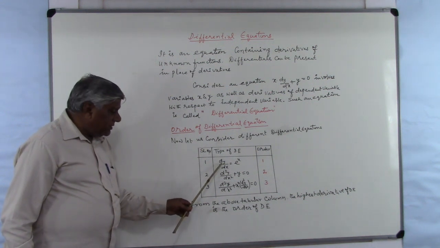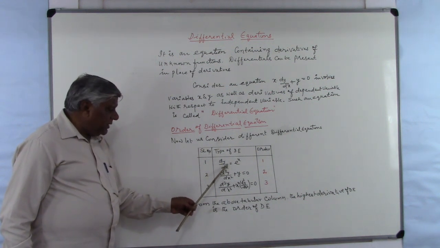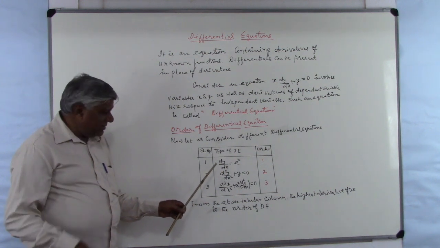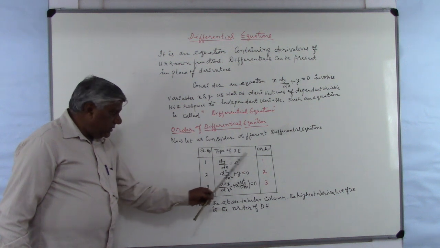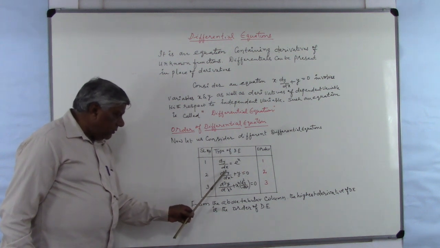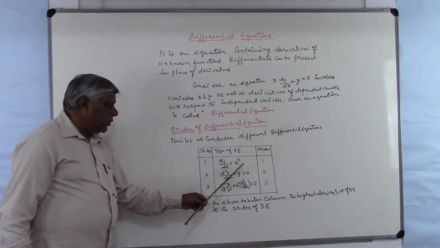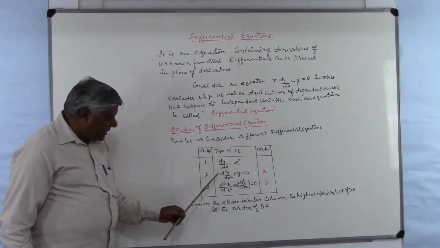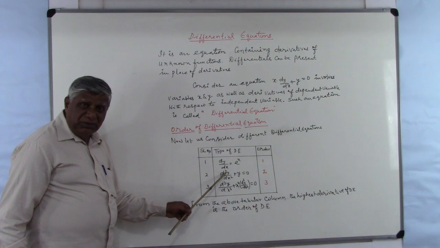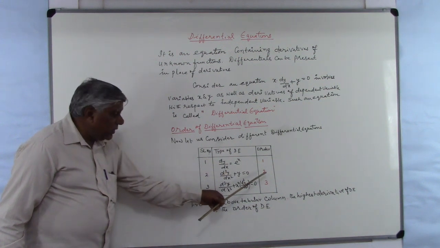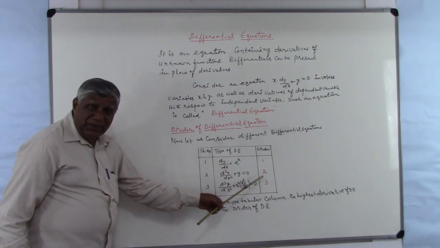In the first case, the highest derivative is 1. Don't confuse it with the serial number 1. dy by dx is of order 1. Next, in d square y by dx square, the derivative is 2, so the order is 2.